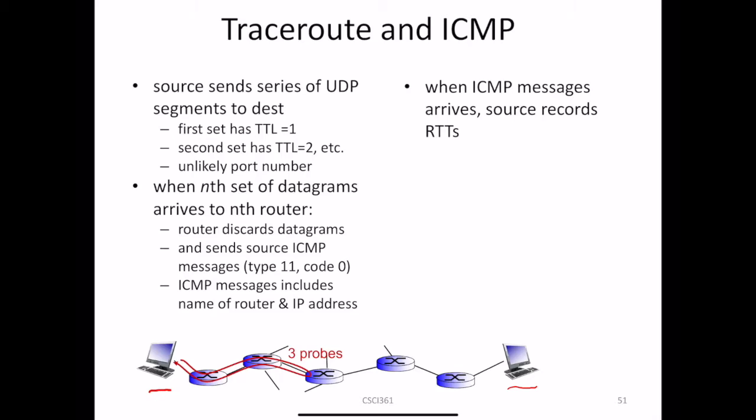And the source will send a series of UDP segments to the destination, and the first set has TTL equal to 1. In the previous slides, we talked about the time-to-live field, which has a counter, or we call it a TTL counter.